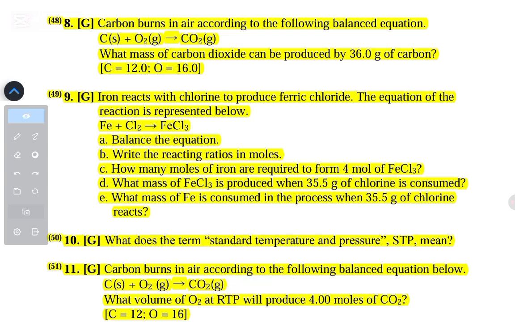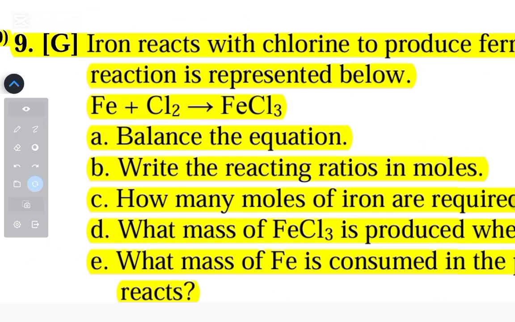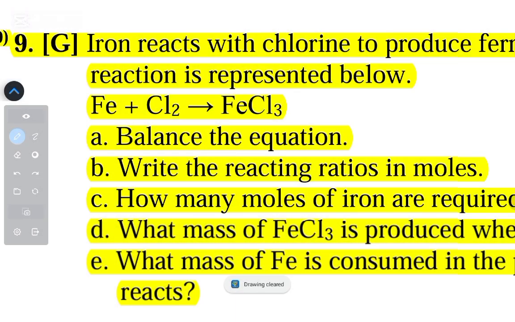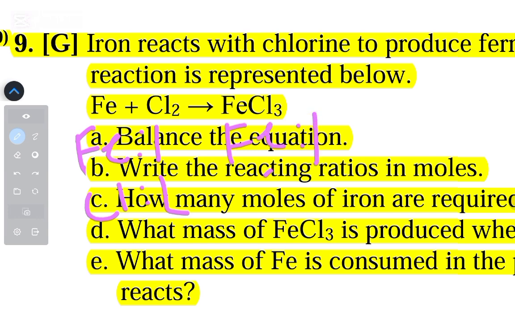Iron reacts with chlorine to produce ferric chloride. The equation of the reaction is represented below. Fe plus Cl2 gives FeCl3. We need to balance. Fe is 1, Cl is 2. Here Fe is 1, Cl is 3.